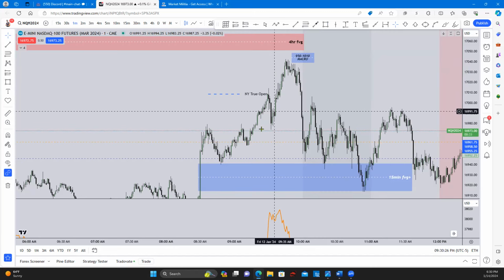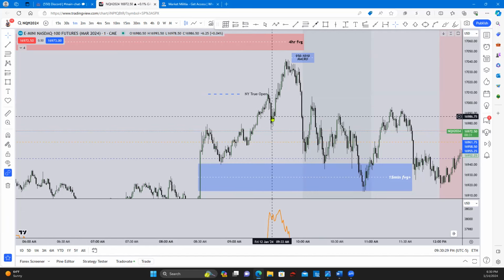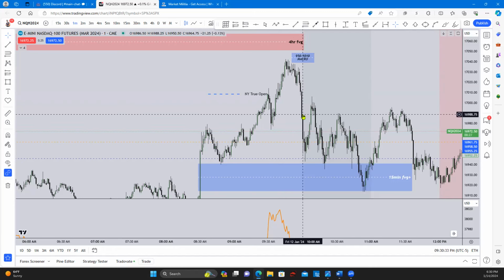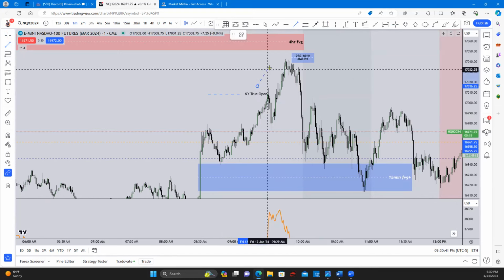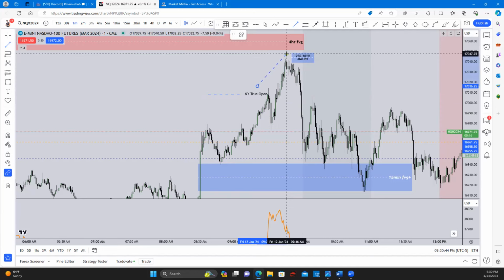So what you'll notice is typically this time from the 9:30 open, usually until 10 o'clock or 9:50 at least, you will get a fake out or a Judas, what ICT calls a Judas swing. So the Judas swing was up, right?